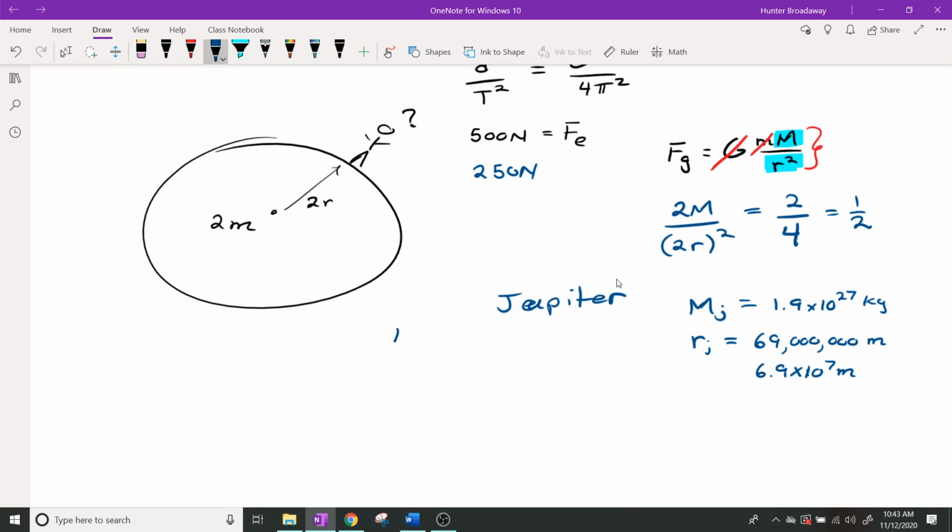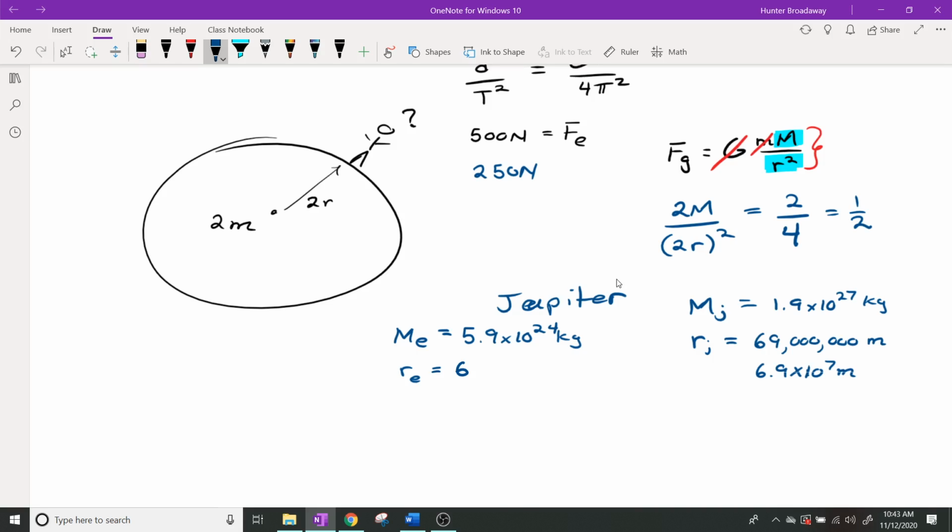What is the mass of the Earth? 5.9 times 10 to the 24th kilograms. I think we already looked that one up. And the radius of the Earth, we looked that up too.